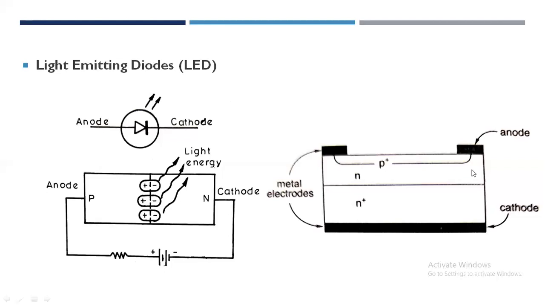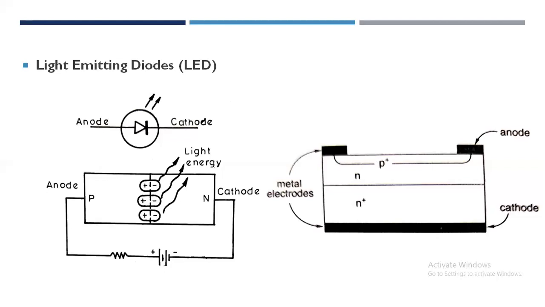Now, this figure shows a sketch of a simple LED with the P region and N region. When the LED is forward biased, a large number of diffusion electrons will be injected from the N side into the P plus side, where the density of holes is very large and considerable recombination is obtained in this way, and photons will be emitted from the junction region.